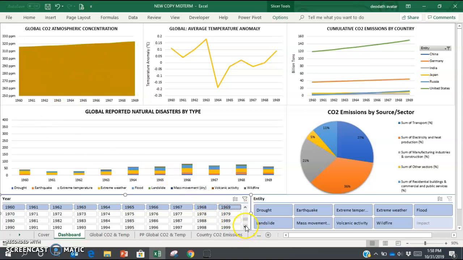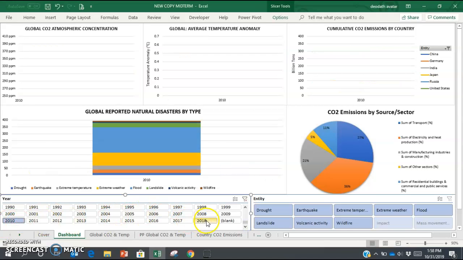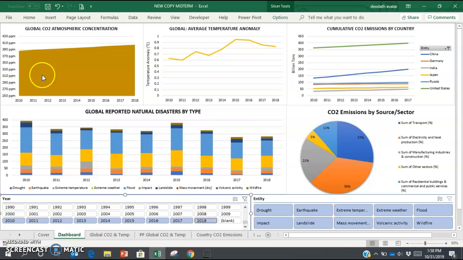However, if we go to the past decade or so, we see that the incremental rate has increased a lot. For 2010, let's say we released 387 parts per million. In 2011, we went from 387 to 389.